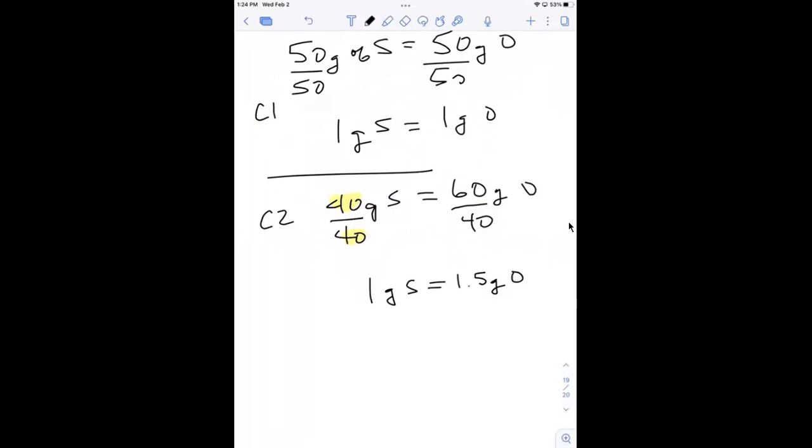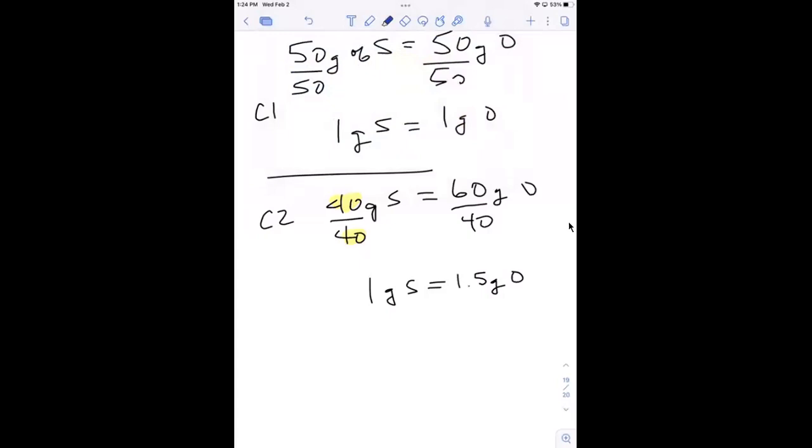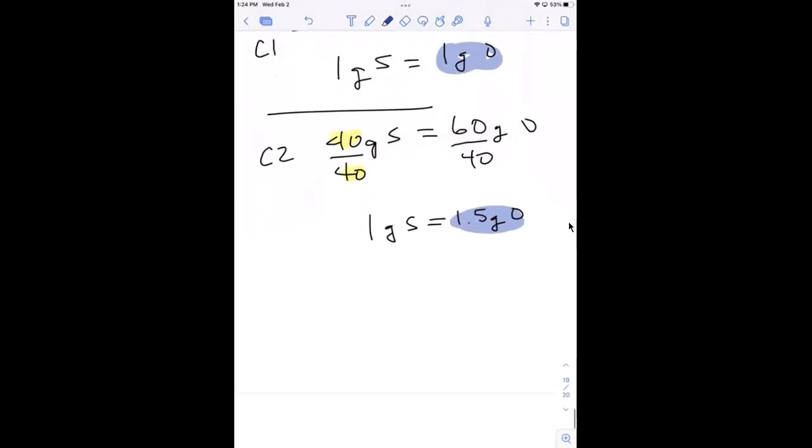So now we've reduced sulfur to 1 gram. And what we're going to do now is compare the masses of the oxygen. So here's 1 gram of oxygen. Here's 1.5 grams of oxygen. We want to know if we do that comparison, if it resolves to a small whole number ratio.